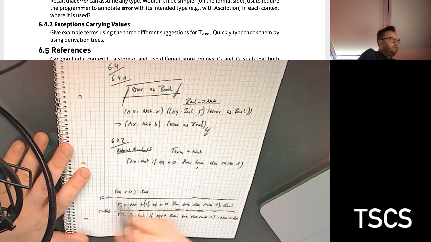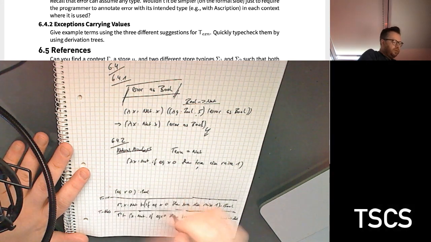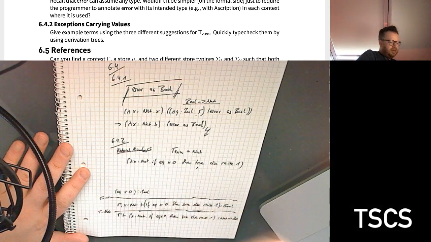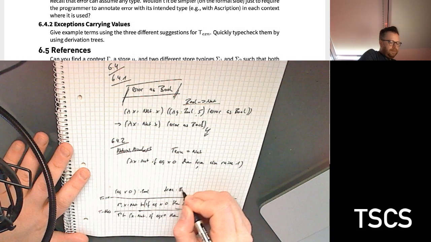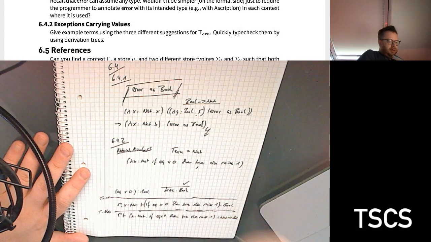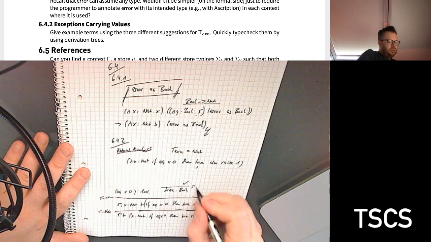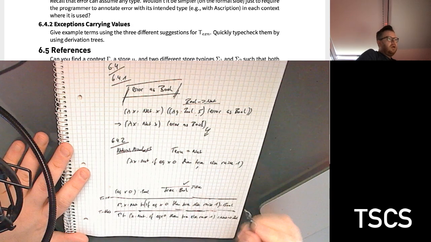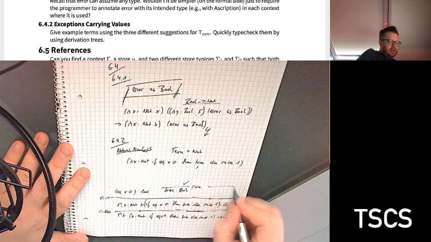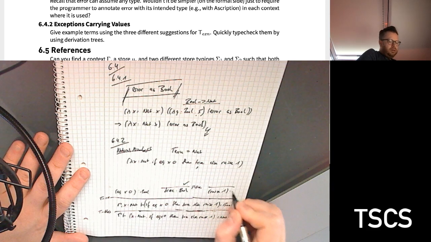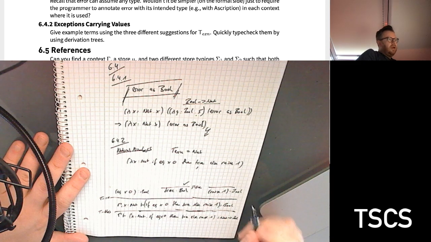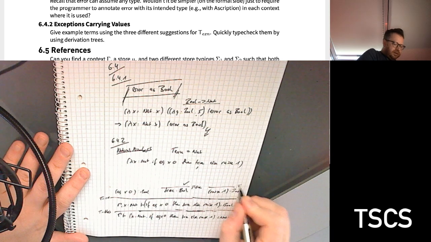We don't have EQ right now here, so we assume this is good. Don't write it. True should be Boolean. This is fine, because t-true gives us that. And then the raise 1 should be Boolean, and this is given by the T-EXN rule from the lecture.